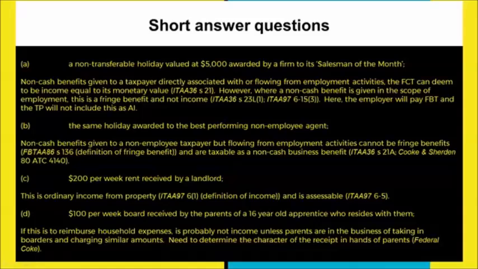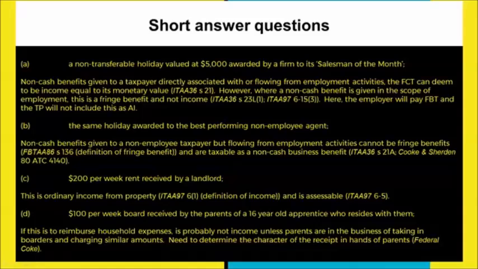And the next part of the question was looking at rent. Now, rent is quite simple. It's just ordinary income. It's income from property, and it falls under that definition, and it's assessable as ordinary income. Where things get trickier is with that part D, where we're looking at board receipts by parents of a 16-year-old.